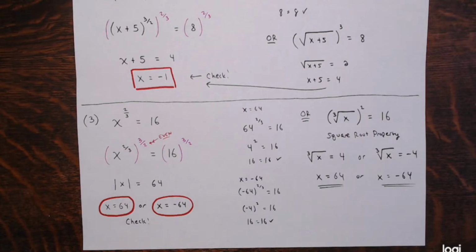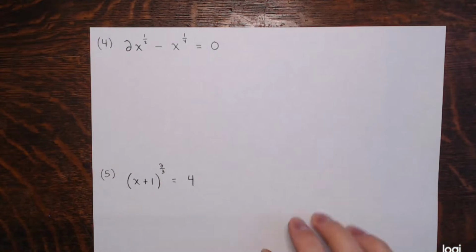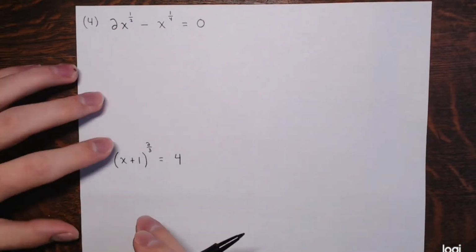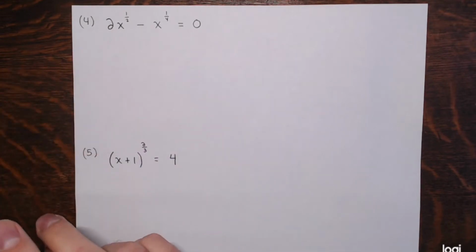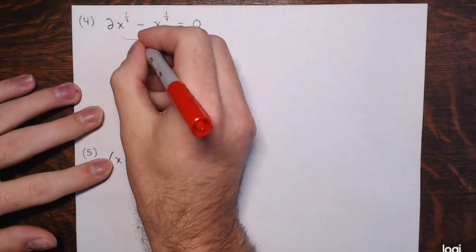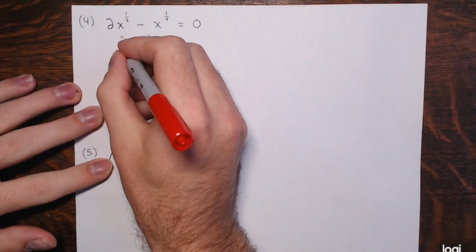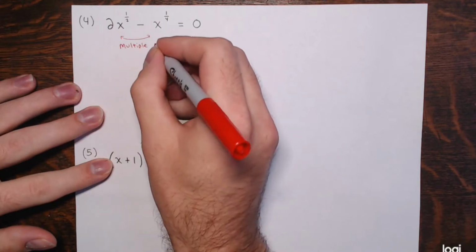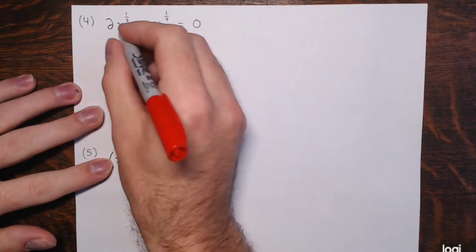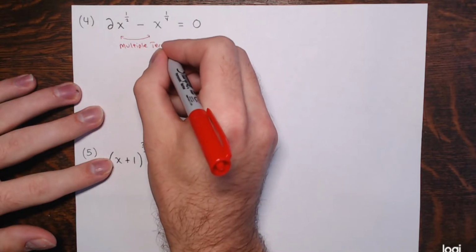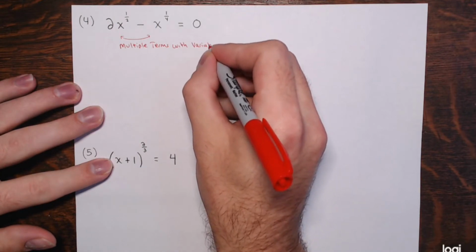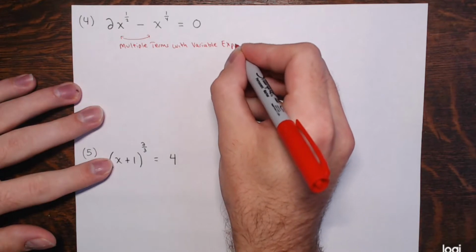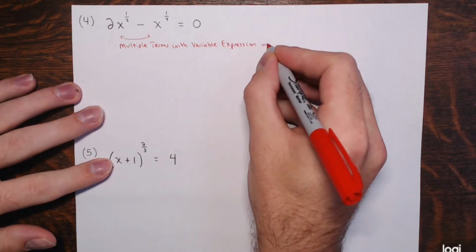All right. Now the next example will involve factoring because there are multiple terms with a variable expression to a power, right, or just variable expression.